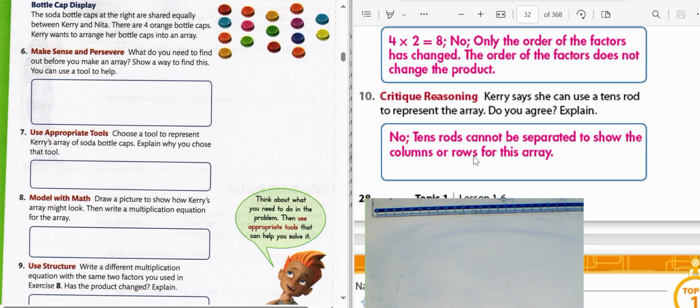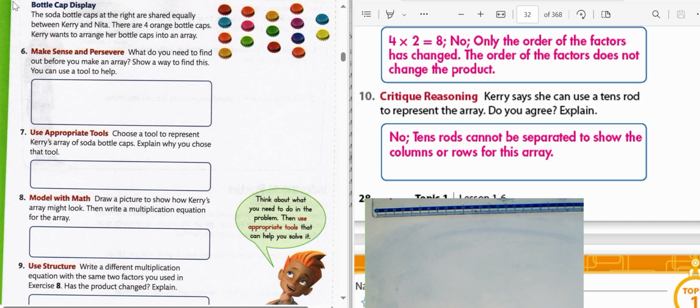Next question, number 10. He says she can use tens rods to represent the array.